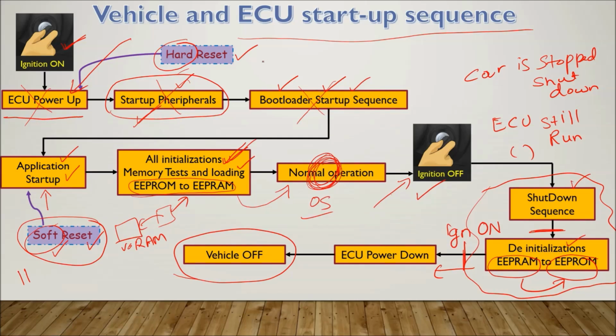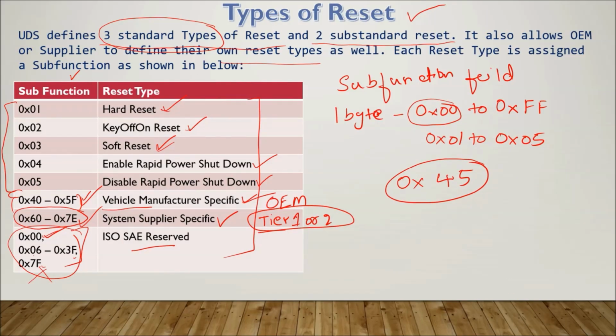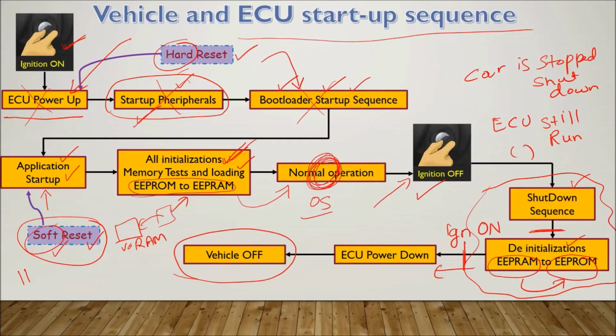So it will go to the bootloader startup sequence. Wherever it was stopped, it will continue from there. So if you're emulating the key off on reset, then when you do the ignition off and ignition on, whatever sequence is supposed to be done for the ECU, that sequence only will be occurring.